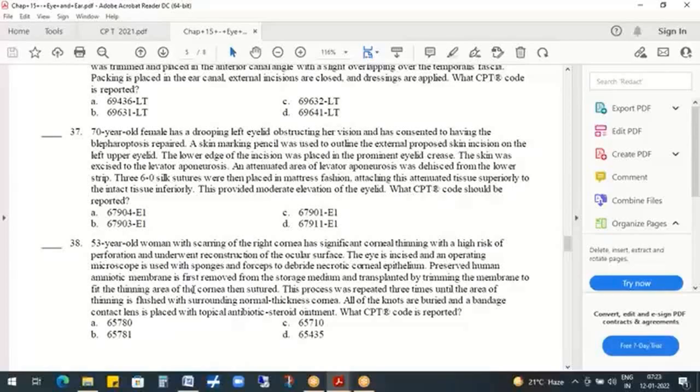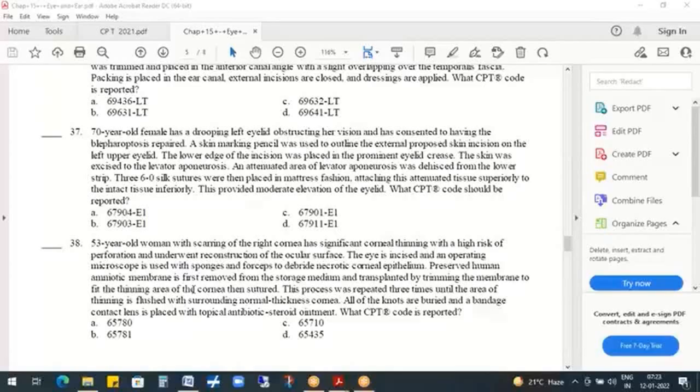Can you read the code description? Repair of blepharoptosis, frontalis muscle technique with suture or other material. 67904: tarsolevator resection or advancement, external approach. 903: tarsolevator resection or advancement, internal approach.